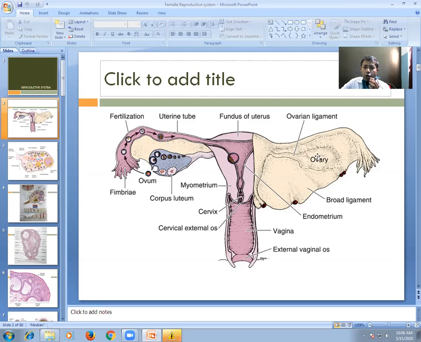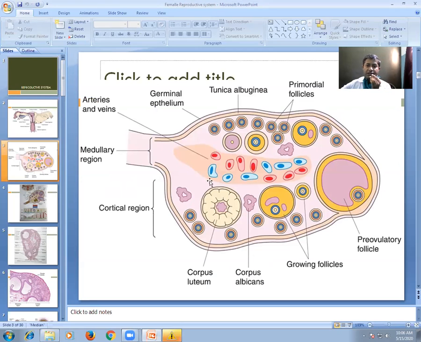And these are the two uterine tubes, also known as the fallopian tubes. Posterior to the uterine tubes, there is a very important organ, known as the ovary. So overall, the female reproductive tract consists of the vagina, uterus, fallopian tubes, and the ovary. One by one we are going to discuss.